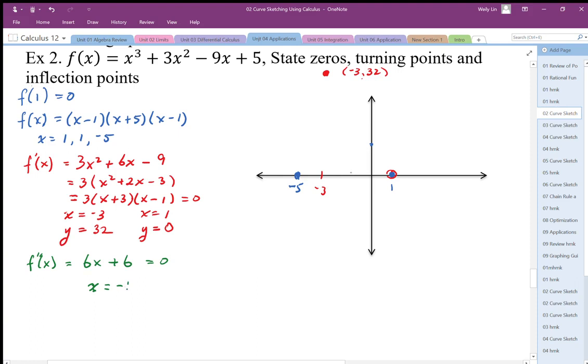So that means at negative 1, there's going to be a point of inflection. In this case, I'm going to find the y-coordinate because, again, it's fairly easy to plug in. Negative 1 plus 3 is positive 2, plus 9 is positive 11, plus 5 is positive 16. So at negative 1, positive 16, maybe it's going to be somewhere around here. That's going to be my point of inflection.